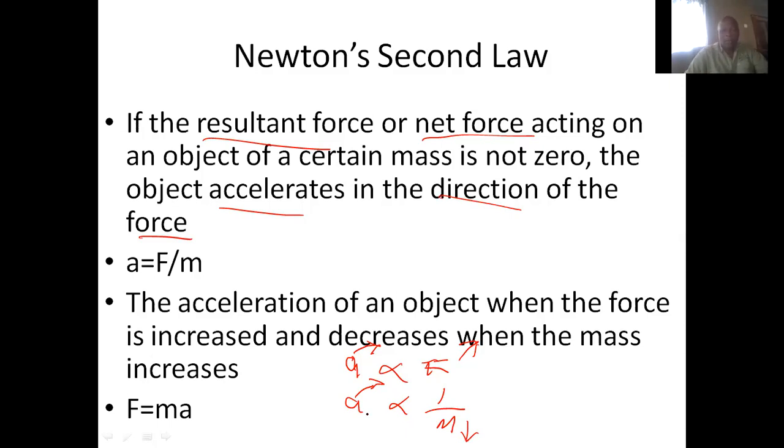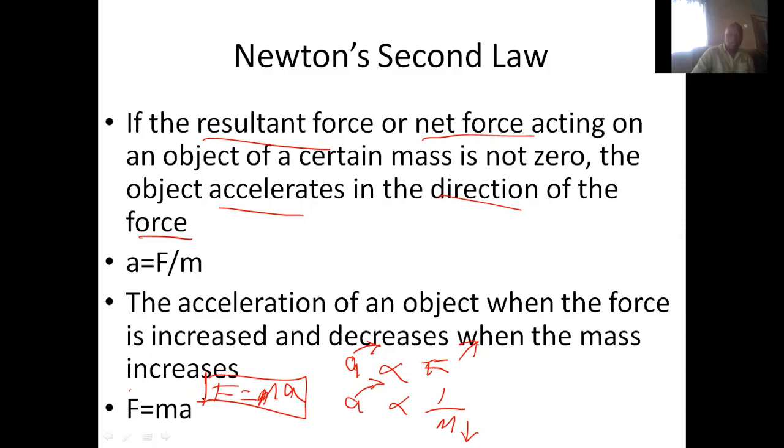And so the formula which links this now is that force is equal to mass multiplied by acceleration. This is a very important equation according to Newton's second law.